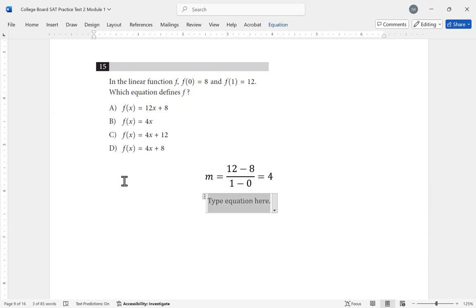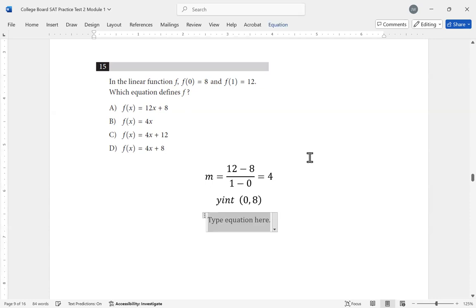And then the y-intercept is, in this case, going to be (0, 8). I don't have to do any computing to figure that out because I know when you plug in a 0, we get an 8. So the y-intercept is (0, 8). Therefore, if I were just writing the equation of a line as y equals mx plus b, it'd be y equals 4x plus 8.